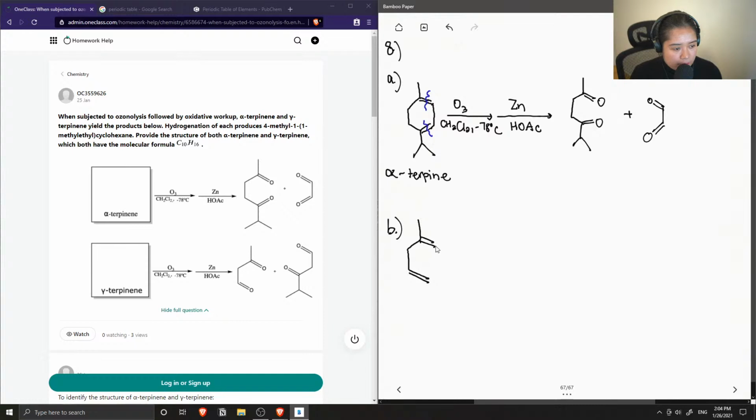So you can see that there's like an extra carbon here, and then it goes down, and then we have this group right here. So it looks similar to alpha terpinene, but it's just a different configuration, and it's known as gamma terpinene.